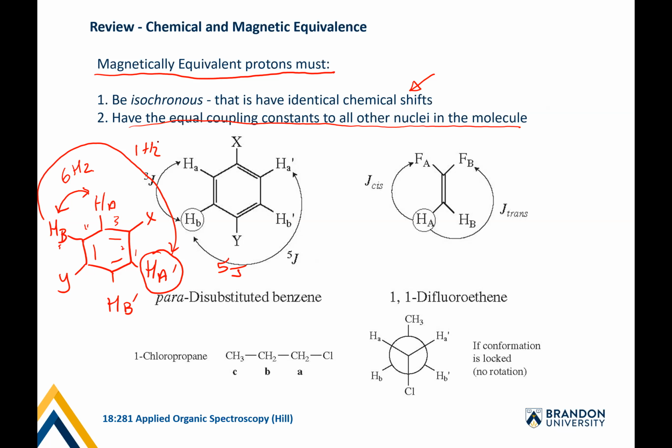And so what happens on our spectra, and you'll see this on the proton NMRs that we did, is this should appear as a beautiful doublet of doublets, right? Where HA should be one and HB should be the other. They should both integrate to 2 protons, and we're happy.